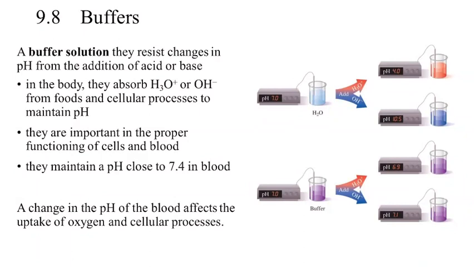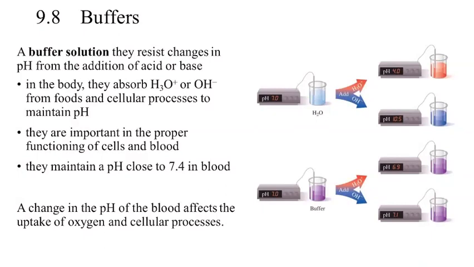Now, why is it that they're important in the body? Well, the buffers in the body are going to absorb either the hydronium or the hydroxide ions that we may obtain from foods or even cellular processes that are going to be occurring in the cell. All of that is going to, again, make sure that we maintain the proper pH.